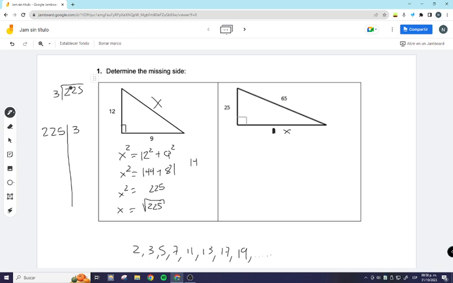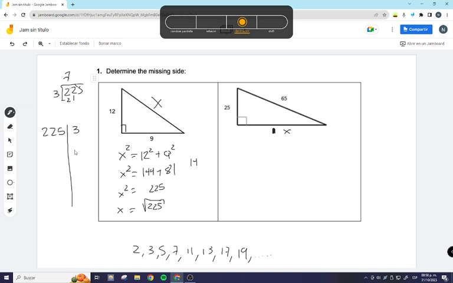So 3 does not fit in 2, but it fits in 22. It fits 7 times. 7 times 3 is 21. You subtract, you get 1. You drop down the 5, and 3 fits in 15 5 times exactly. So this is 15, 0. Okay, so the result is 75.